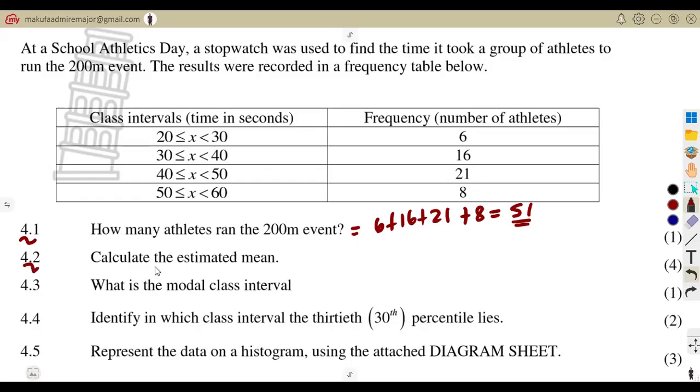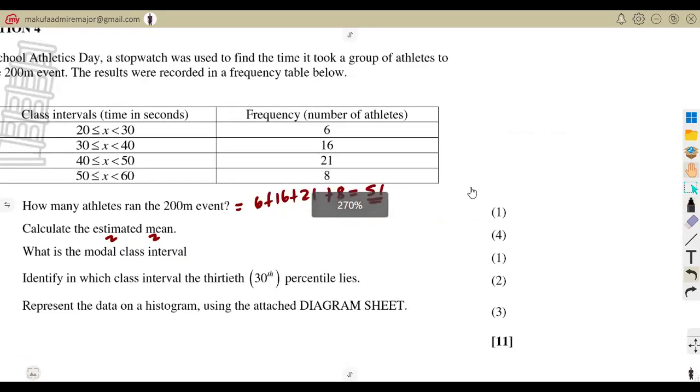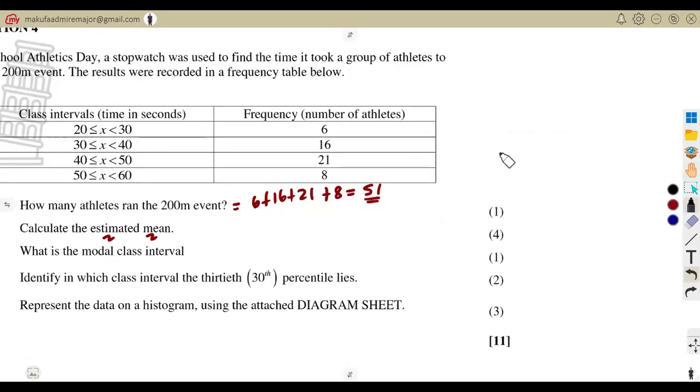4.2, calculate the estimated mean as we are to relate to this grouped information. How do you calculate the mean? From the information that we have, since this is grouped information, okay, that's 4.2. So the mean can be calculated using this X bar like that.